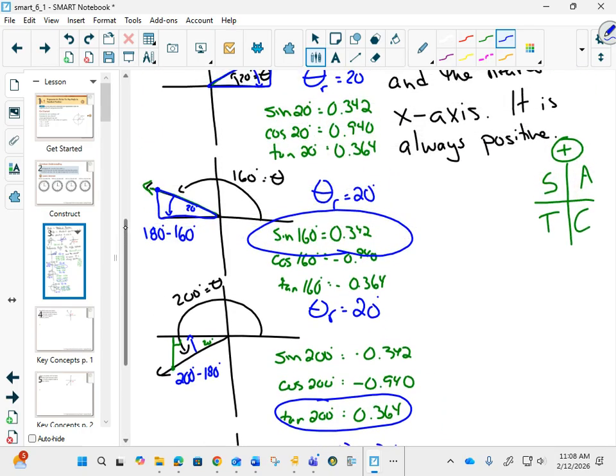So our cast rule is telling us which things are positive. All of them in quadrant 1. Quadrant 2, we have an S, only sine is positive. Quadrant 3, we have a T, only tangent is positive. And in quadrant 4, we have a C, saying only cosine is positive in quadrant 4.